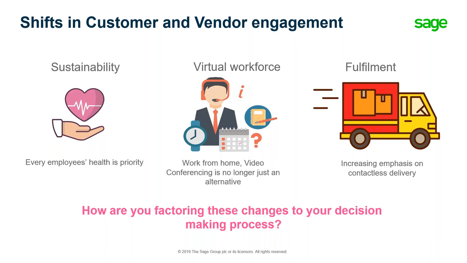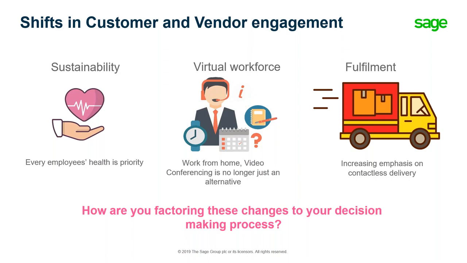And the other question on a lot of our customers' minds is basically how would your suppliers and vendors, or even some of the 3PL providers that you're working with, would they be overburdened with these delivery requests coming from multiple organizations? And will this increase the lead time of your goods in transit, right? And ultimately, all these will actually affect your ability to fulfill, all right? So of course, with all these things in mind, how are you factoring these changes into your decision-making process using the data that you have and applying certain what-if analysis to it, right?